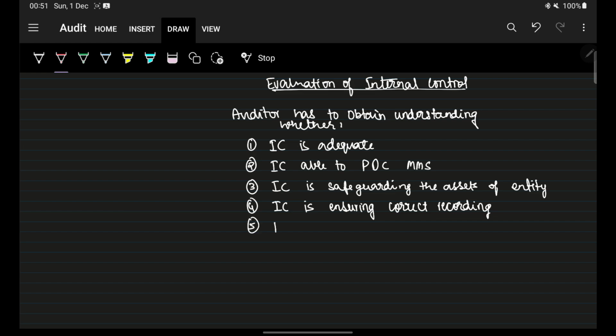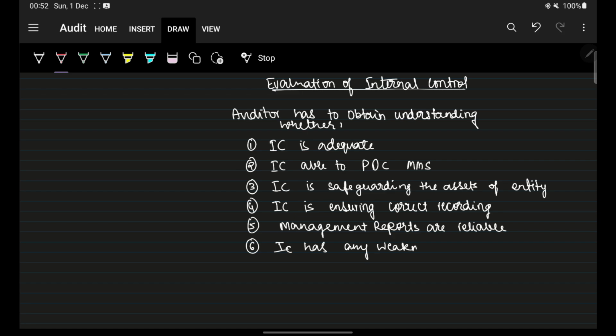Next, fifth point, whether management reports are reliable, right? And sixth point, whether IC has any weakness or ineffective operations.